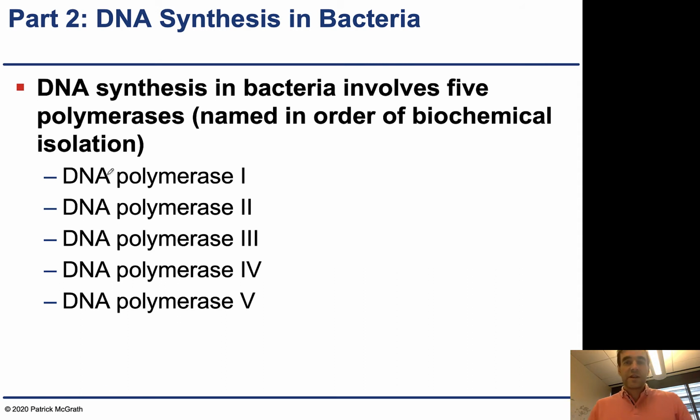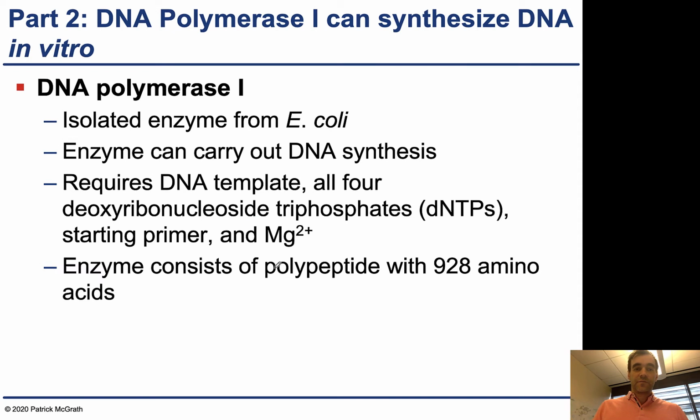So DNA synthesis in bacteria involves 5 DNA polymerases, and they are named in the order of biochemical isolation. So DNA polymerase I, 2, 3, 4, and 5. These are all enzymes that were purified out of bacteria, and in vitro were shown to be able to replicate DNA.